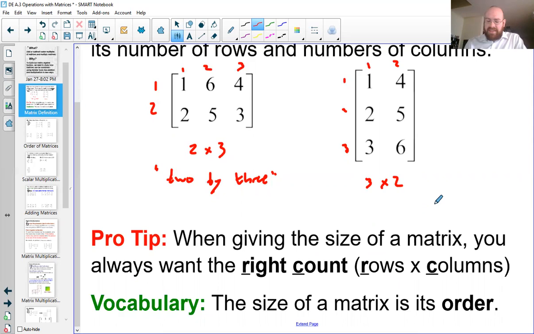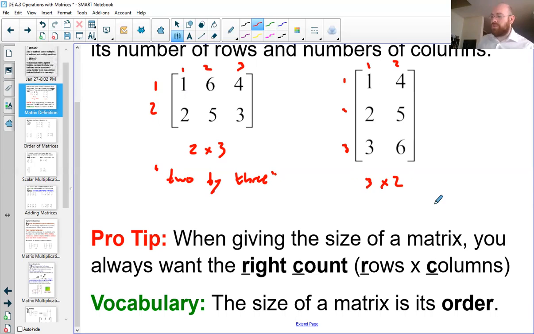An instructional coach of mine, when first talking about how she taught matrices, said that the way they remembered was referring to RC Cola. I don't even think that drink is around anymore, but if you happen to know RC Cola, that's a fun image as well that you can stick in your mind to remember right count, rows times columns.